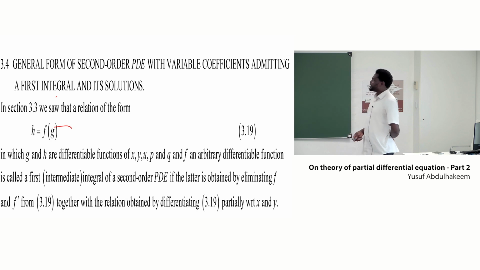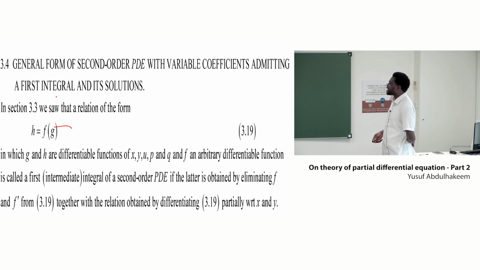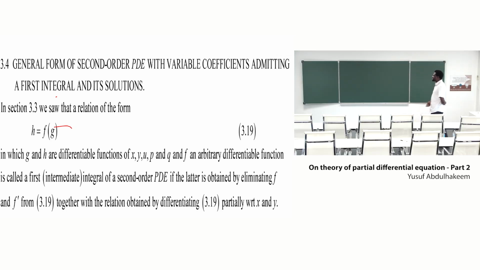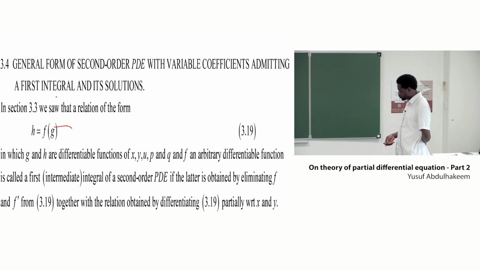So this brings us to the general form of second order PDE with variable coefficients admitting a first integral, and its solution. In this section, we have a relation of this form, h equals f of g, in which g and h are differentiable functions of x, y, p, and q, and f is an arbitrarily differentiable function, which is called the first intermediate integral, as we have explained earlier, of a second order PDE, if the latter is obtained by eliminating f and f prime from 3.19, together with the relations obtained by differentiating 3.19 partially with respect to x and with respect to y.